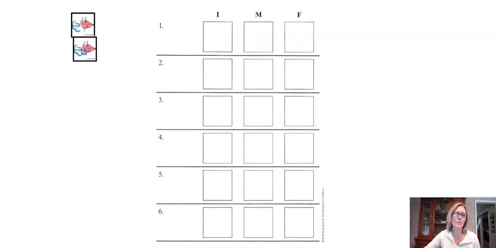I'm going to move this one off. Okay. First word, bat. Echo. All right, and let's unblend it. B, at. Where did you hear the B sound? Place your card, and that was the initial position.